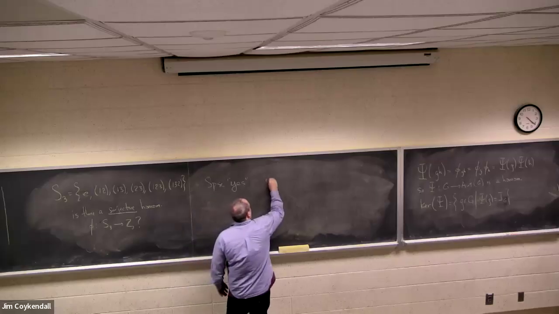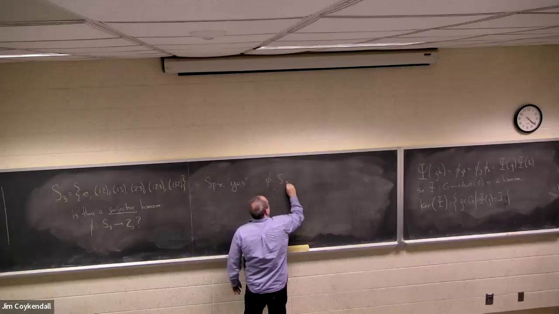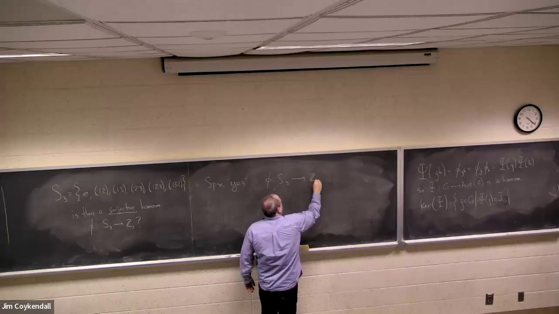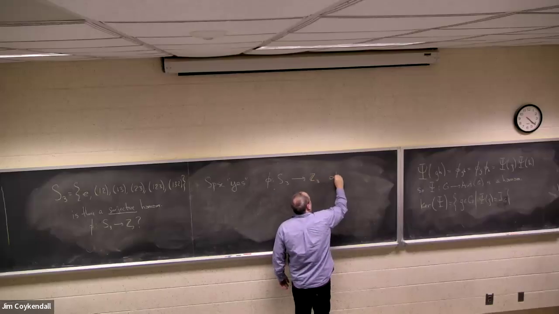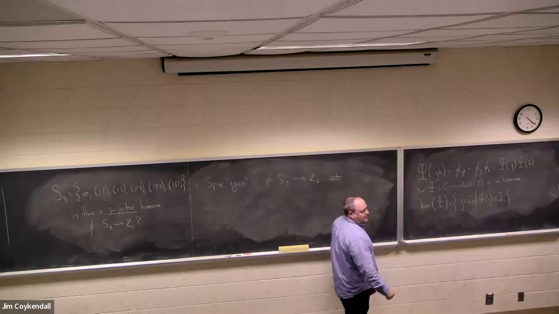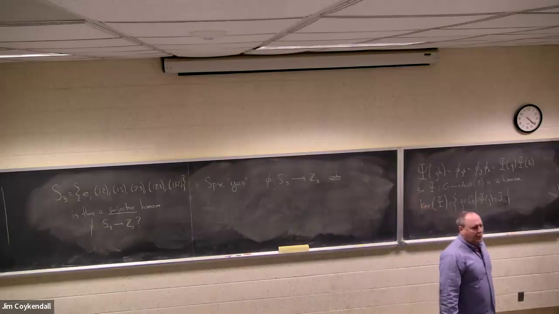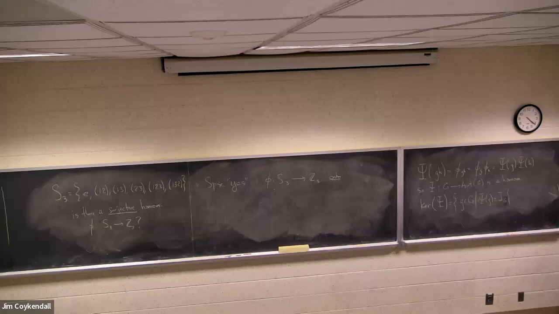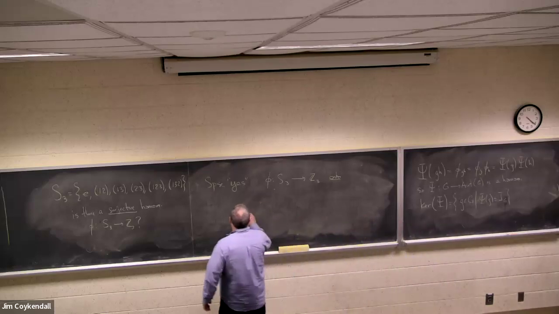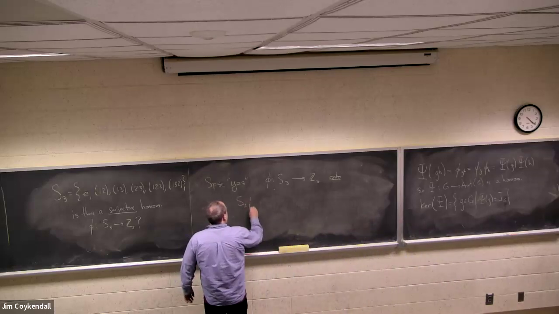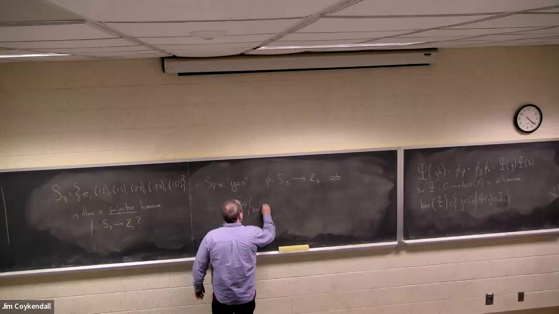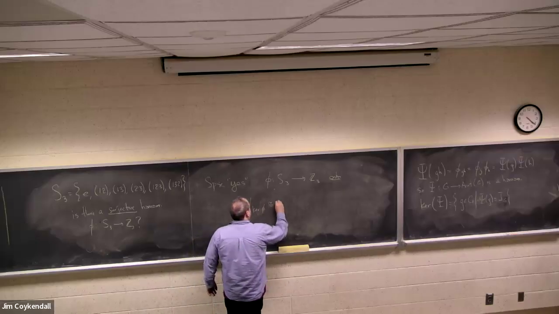So you have phi from S3 to Z3, and it's onto. What does the first isomorphism theorem say? Well, it should say that S3 mod the kernel of phi is isomorphic to the image.